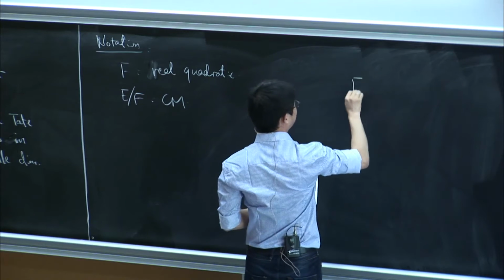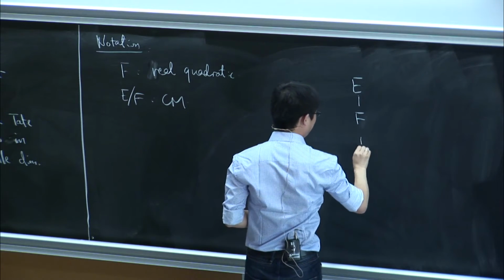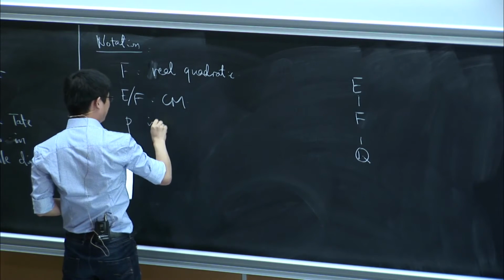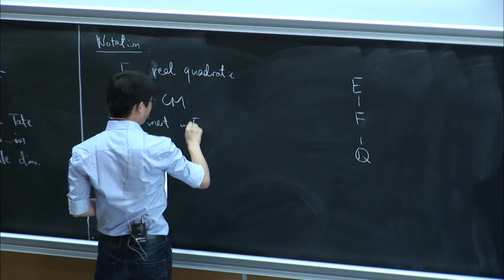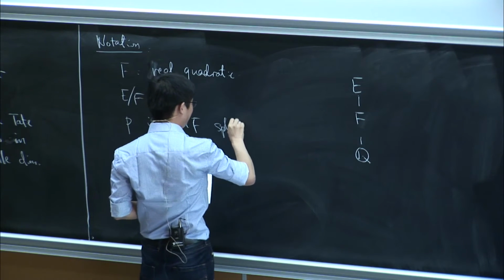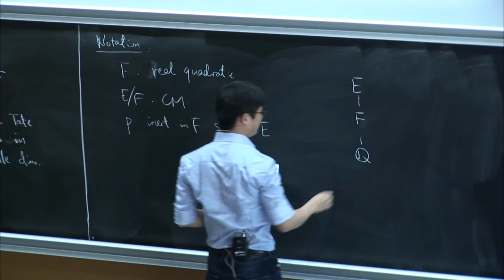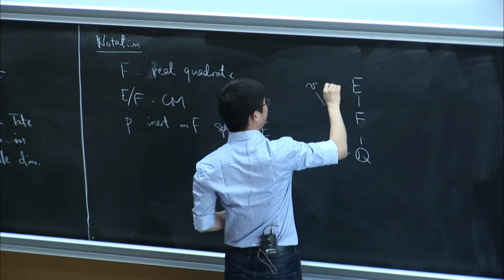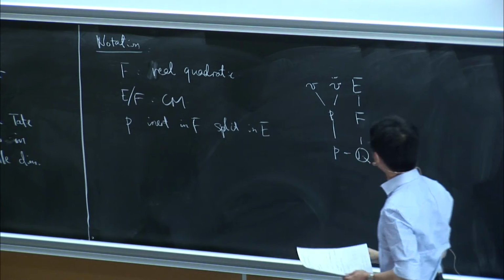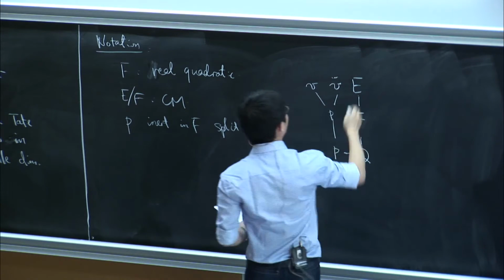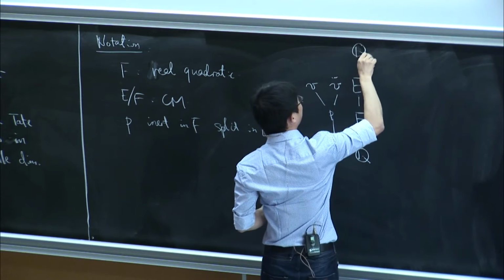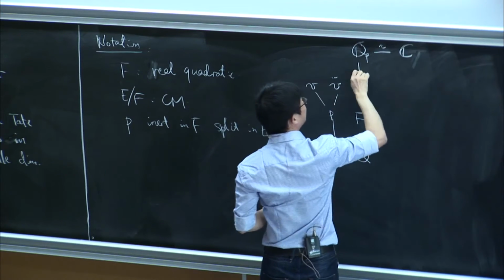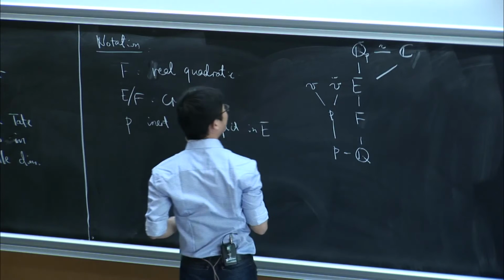So you have this F and Q, and you choose a prime p, which is inert in F and split in E. So you have p here, which is inert here, and split into two places in E. And in this lecture, I always fix an isomorphism between Q_p bar and the complex numbers.